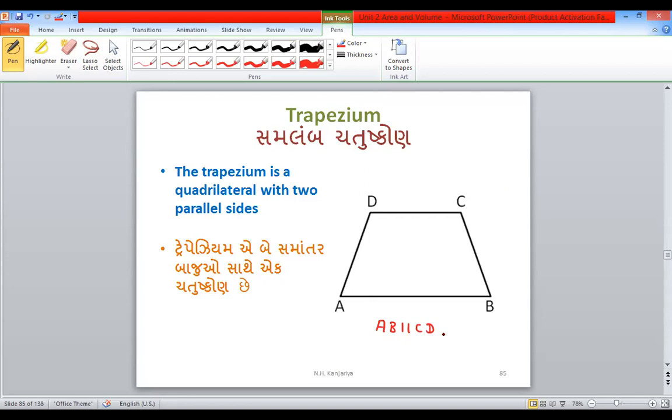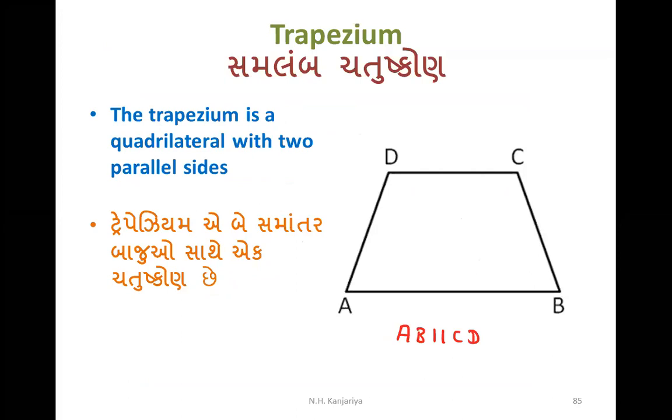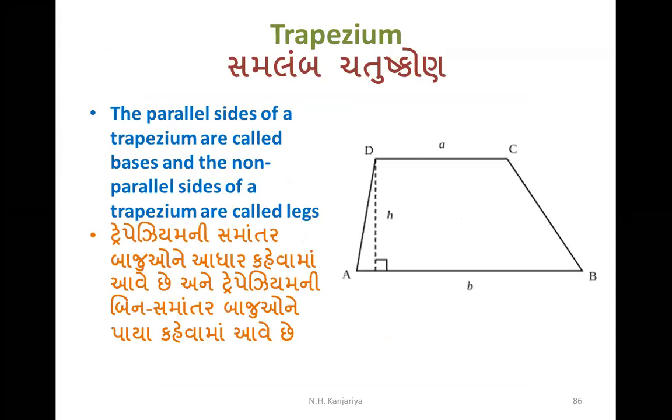So in a trapezium, if you see any two sides parallel, you can say it is a trapezium. Look here. When you have a trapezium, there are two things in it: first is the base and second is called the leg.